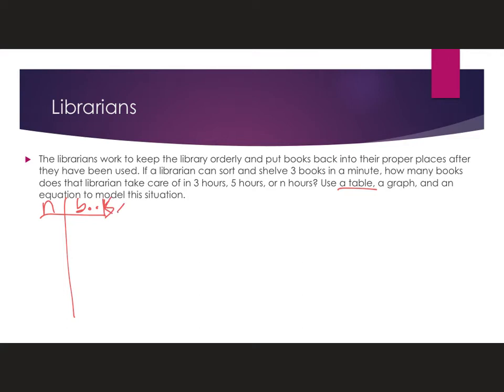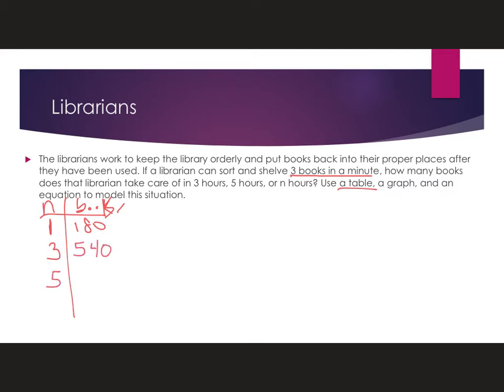So, she can do 3 books in a minute. So, in 1 hour, an hour has 60 minutes. 60 times 3 gives me 180 books reshelved. In 3 hours, 3 times 180 is 540.